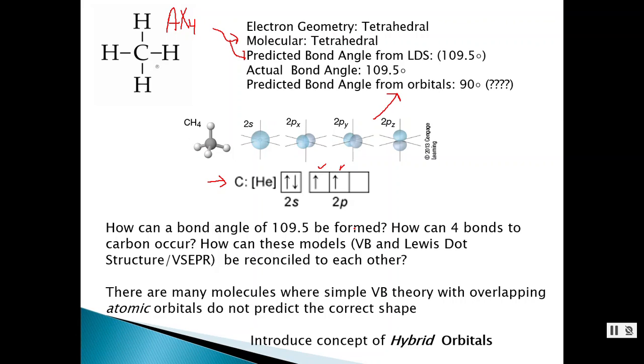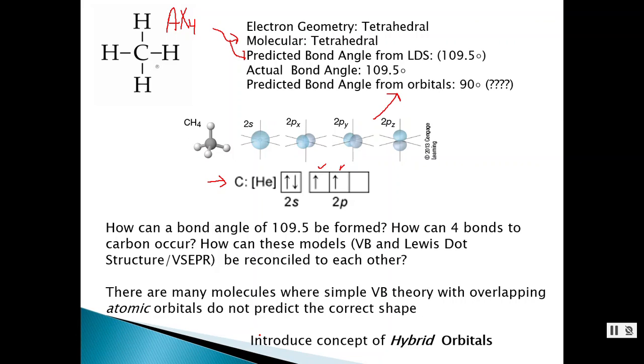So it turns out we need another model. Yes, another model that goes hand in hand with valence bond theory. That concept still involves overlapping orbitals to form covalent bonds, but now we're going to think about overlapping atomic orbitals, those s, p, d, and f's, specifically s, p, and d for us.